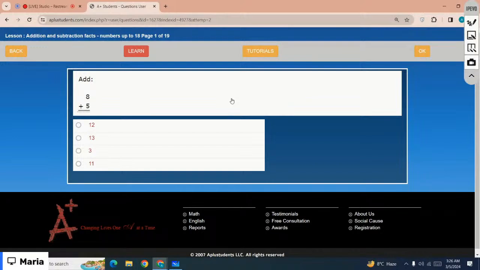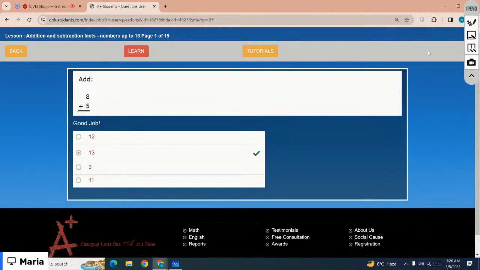The correct option is, you have to add: 8 plus 5 equals 13. You have to add, not subtract. 13 it is.